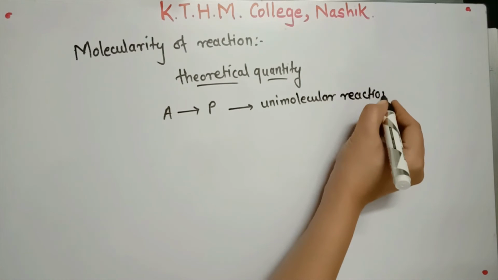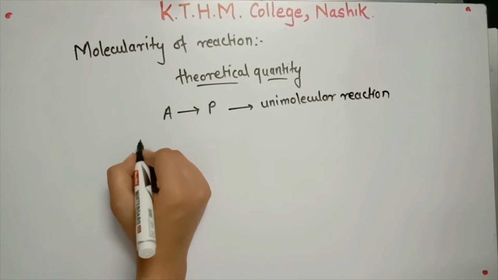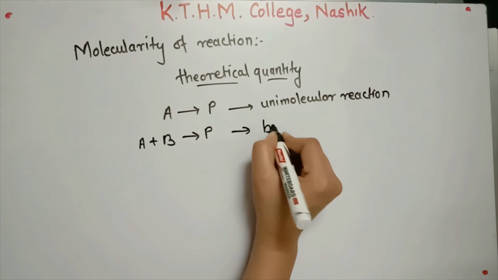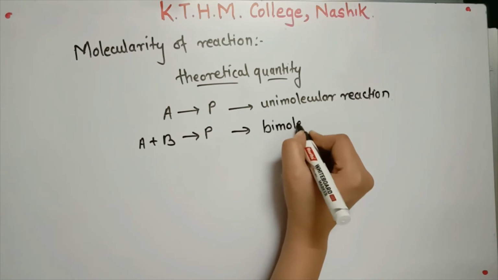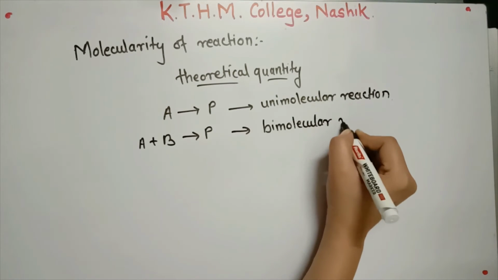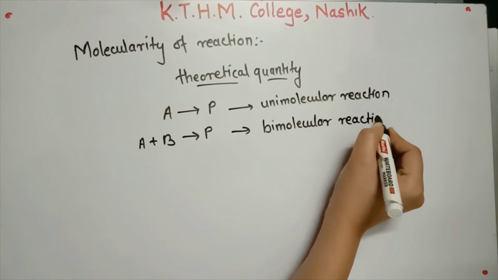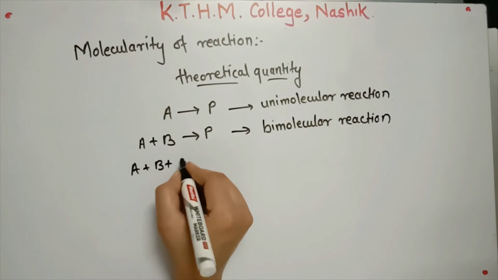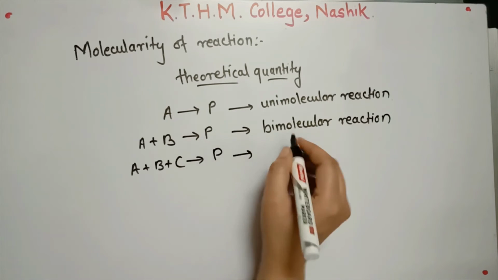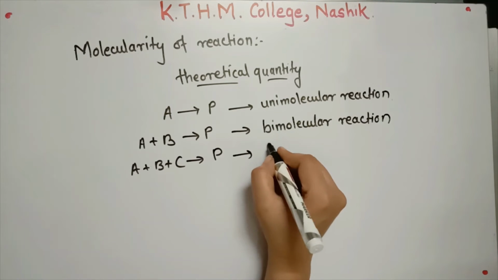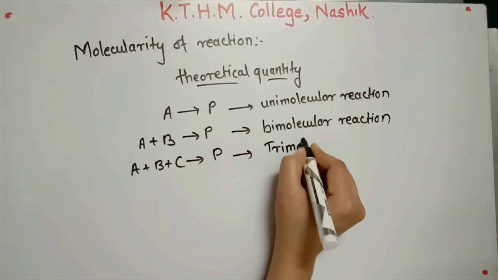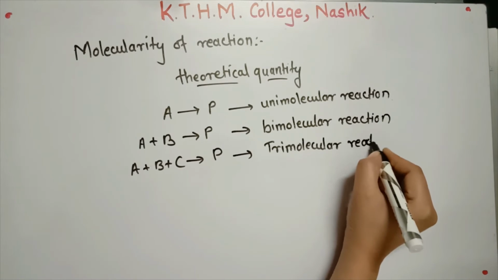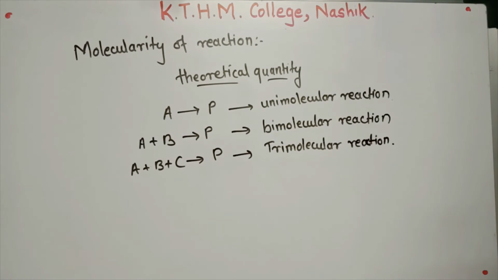If the reaction is like this, A plus B gives the product, it is a bimolecular reaction. If the reaction is like this, A plus B plus C gives P, then it is said to be a trimolecular reaction. So molecularity is a theoretical quantity and can be determined from the reaction.